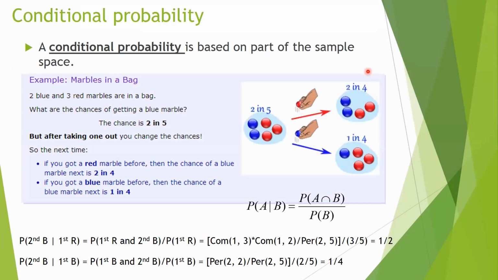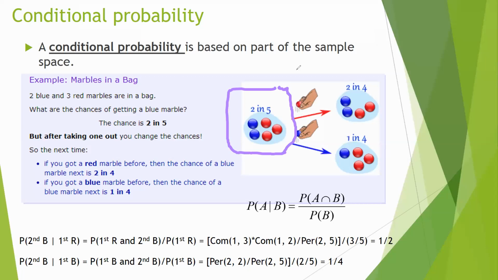So this is an example, just to show you how we understand the conditional probability. Suppose this is the entire sample space. We have 5 marbles in this bag, and 2 of them are blue and 3 of them are red.